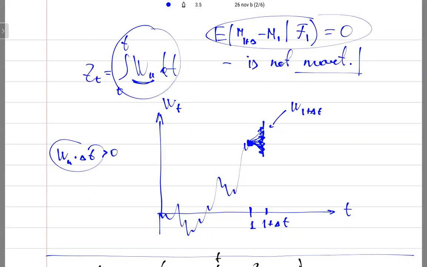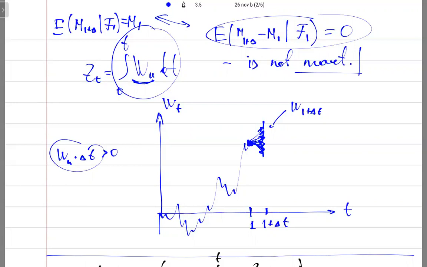For a martingale, the expected future change, E[M_{s+delta} - M_s | F_s], should be 0. Or restated, E[M_{s+delta} | F_s] is M_s. That's the same thing: for a martingale, the expected future change given current information should be 0.